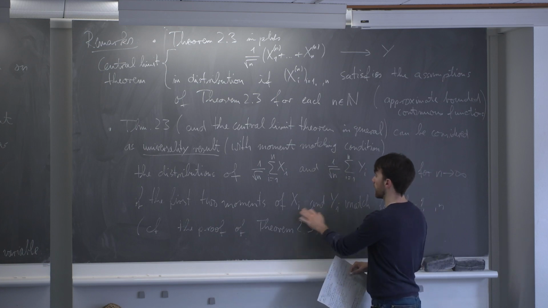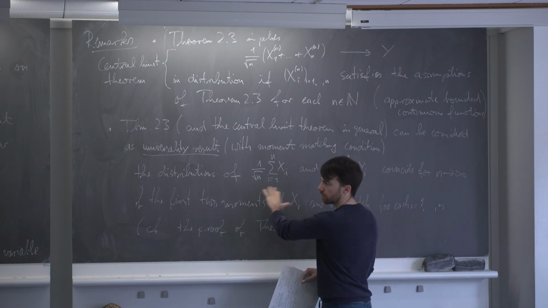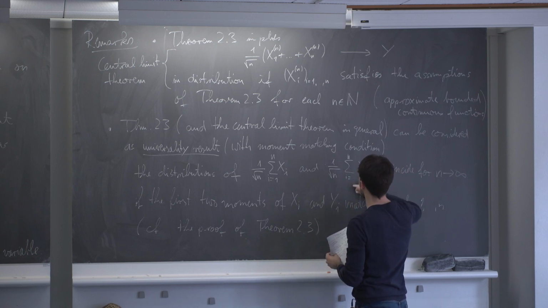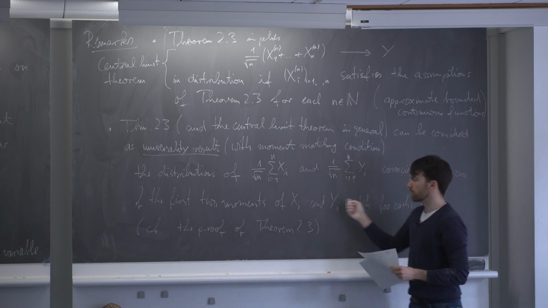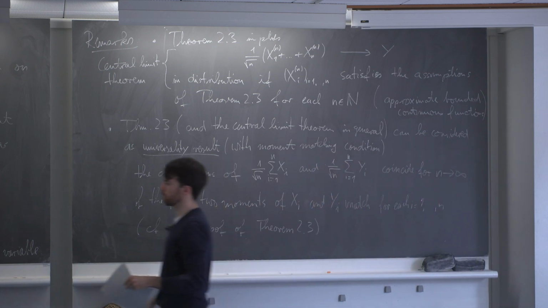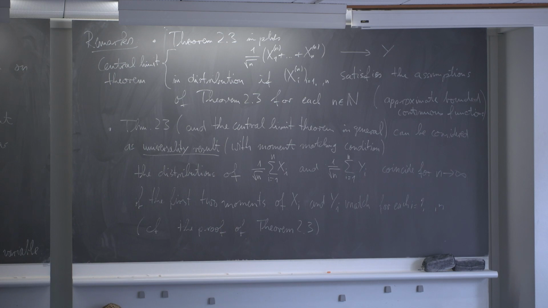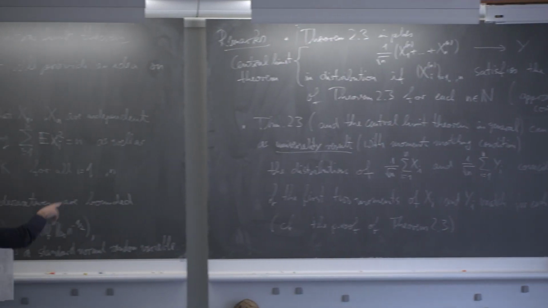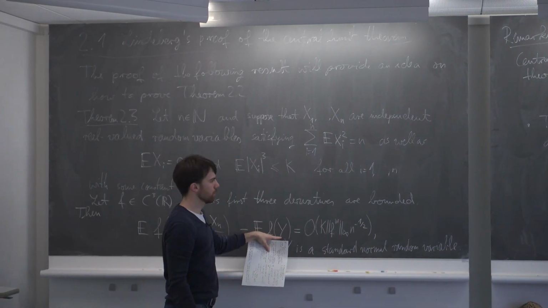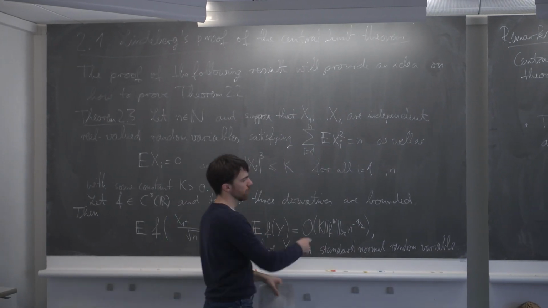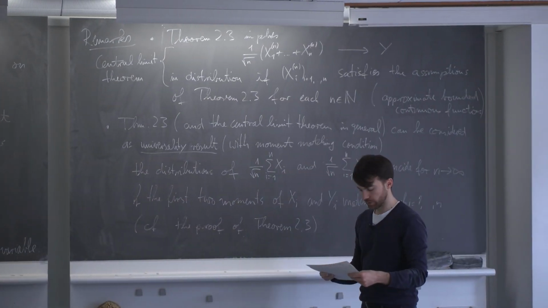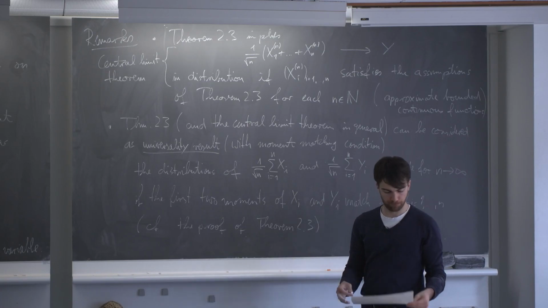And there you will see the yi's appearing, and you will also see that we will choose the yi just to match the first two moments of x, and then we will prove this statement where the y is replaced by this sum of the yi's rescaled like this. But this is, again, a standard normal variable, and that will conclude the proof. I'll present the proof after the break.